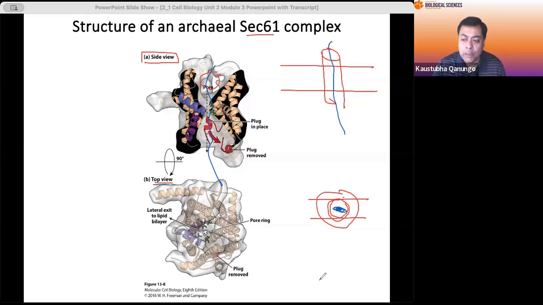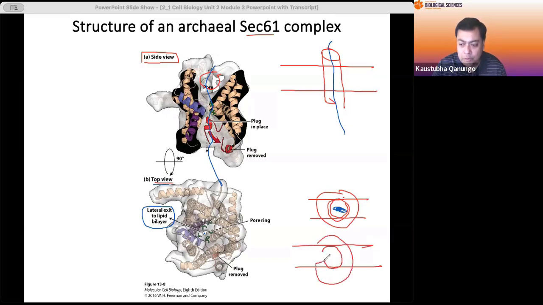Why this is important is that there is a side exit through which the proteins that are going into the membrane actually exit the translocon. We are going to see that. So if we redraw this picture to make it correct, think about it like a clamp.